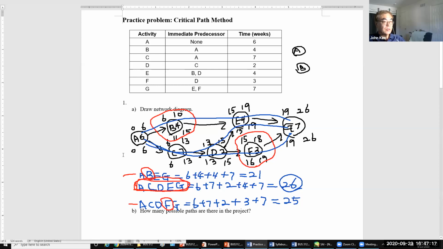Just to find which is critical path, do like this. How many possible paths, and then write the path like this, and then add all activity times, and the longest is critical path.